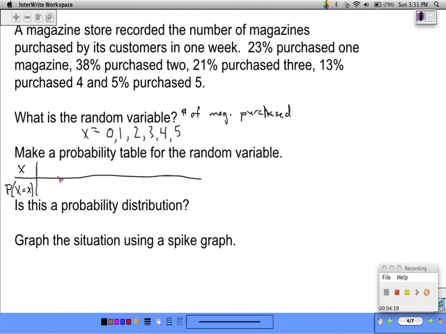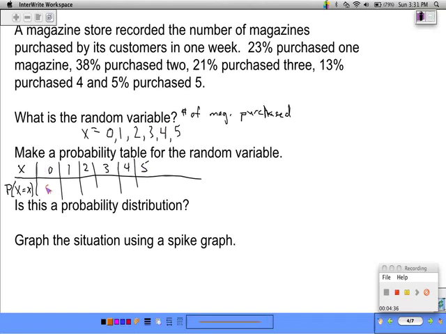The probability that our random variable equals any one of these x values is given to us in the problem.